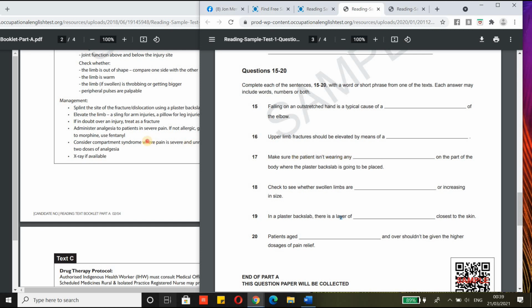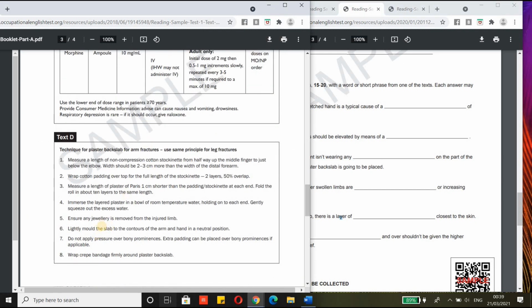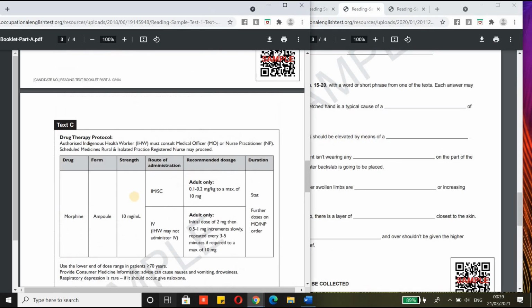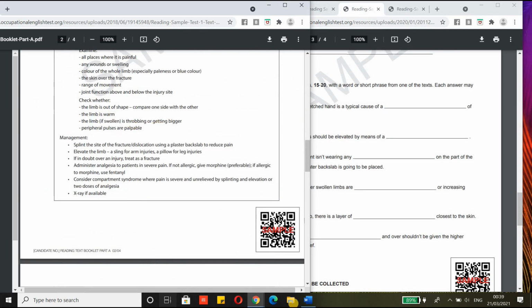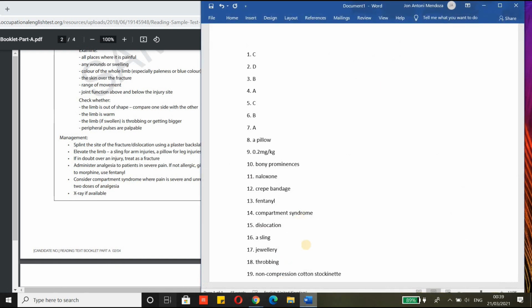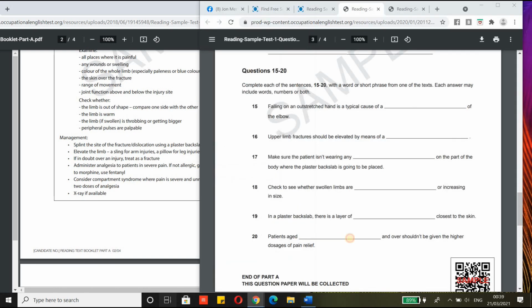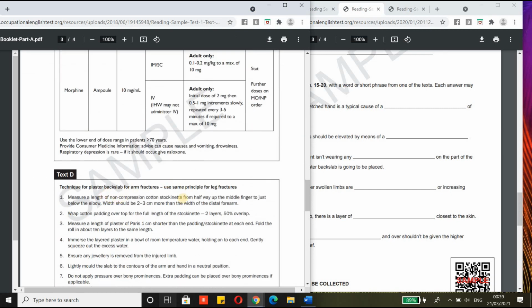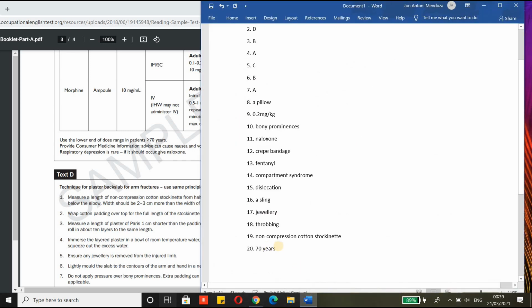Ensure patient isn't wearing any jewelry. Okay, 18. We've seen that one here. Getting bigger or throbbing. 19. Closest to the skin. Yeah, I'm confident it's this one, because it's the first one you put or apply on top of the skin.